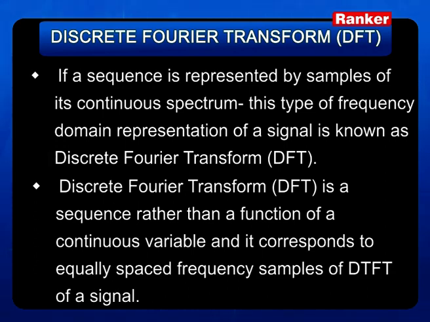The discrete Fourier transform is a sequence rather than a function of a continuous variable, and it corresponds to equally spaced frequency samples of the DTFT of a signal. So let us read this again. The discrete Fourier transform is a sequence rather than a function of a continuous variable, and it corresponds to equally spaced frequency samples of the DTFT of a signal.